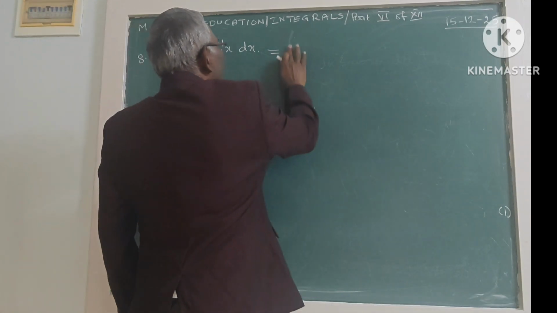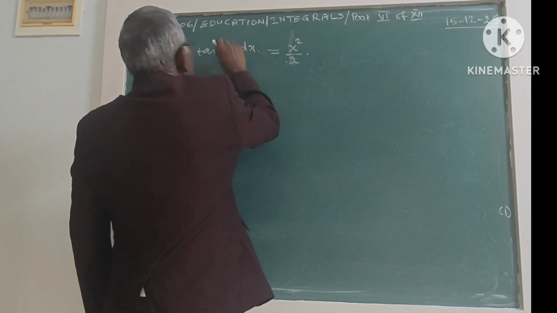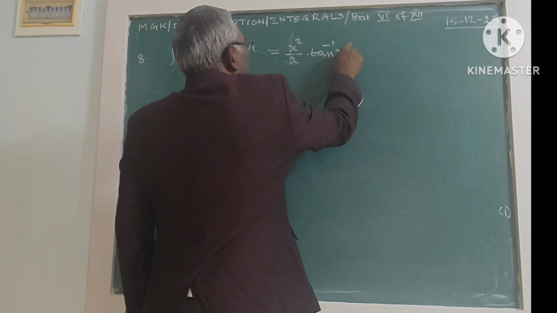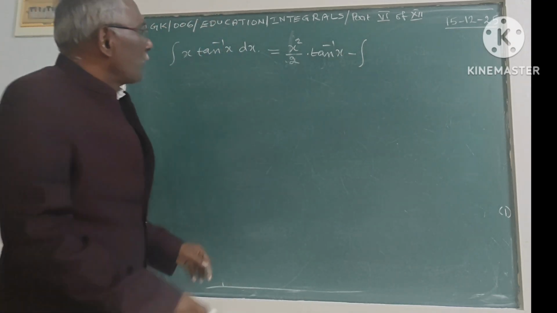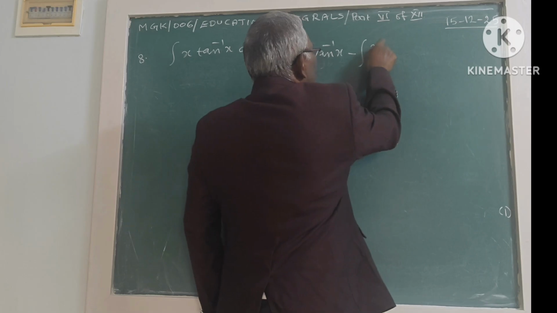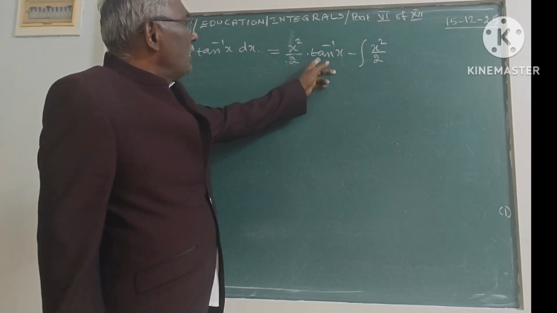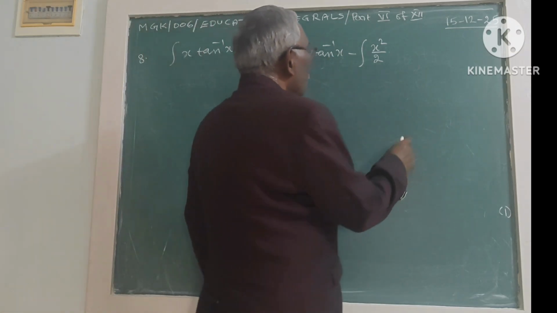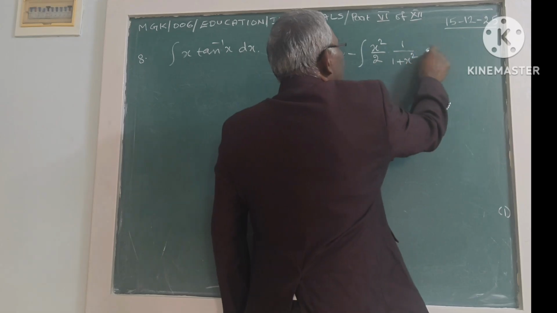That will become x square by 2 into other function tan inverse x minus integral of integrated function x square by 2, differentiation of other function, differentiation of tan inverse x is 1 by 1 plus x square dx.